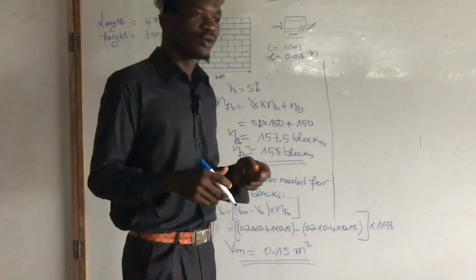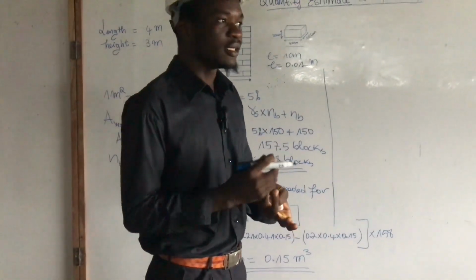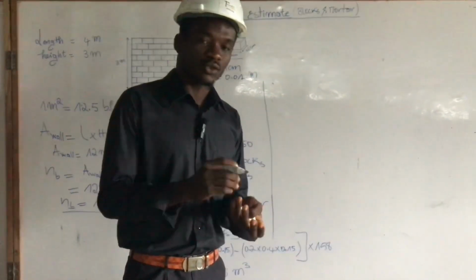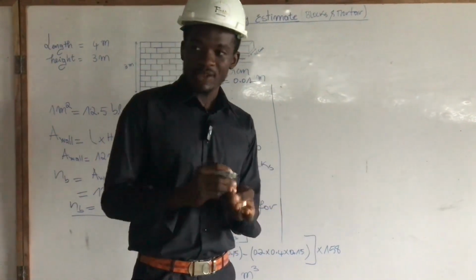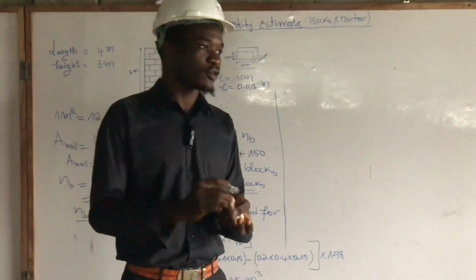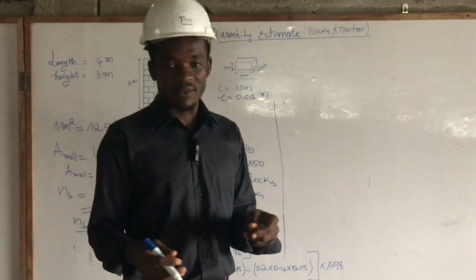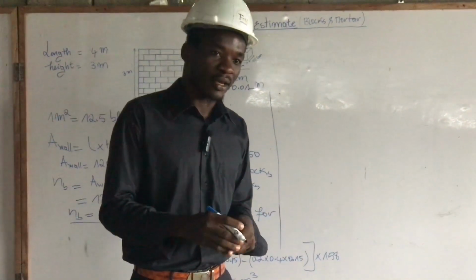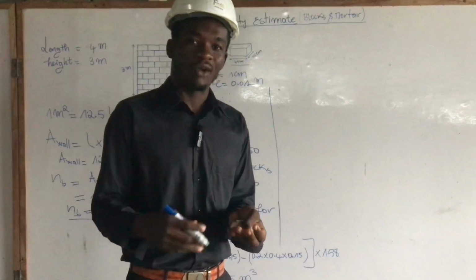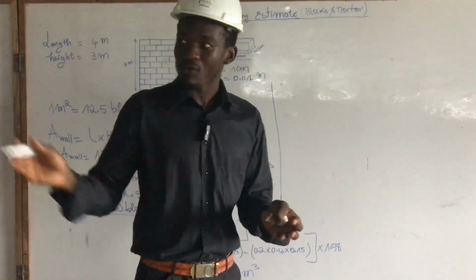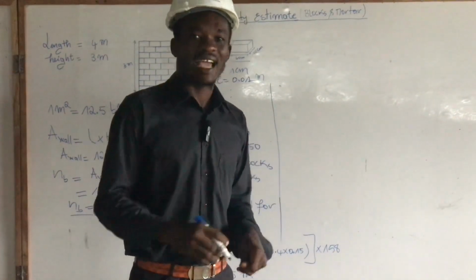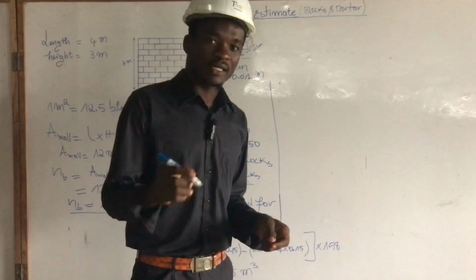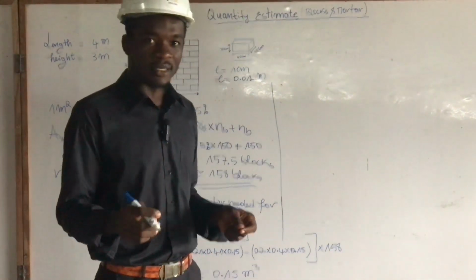But you have to know that in the process of buying the blocks, manufacturing them and transporting them to the site, or even if the blocks are made on site, a certain number of blocks will break during the work. So you have to consider a majoration, and we always take it to be 5%.